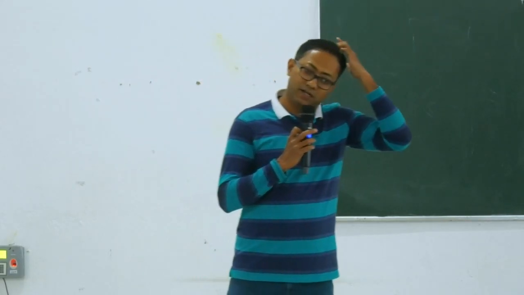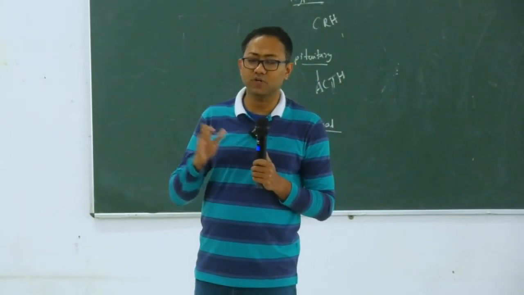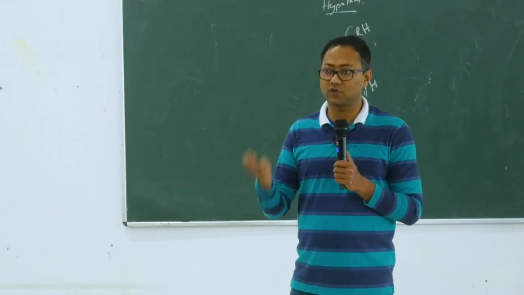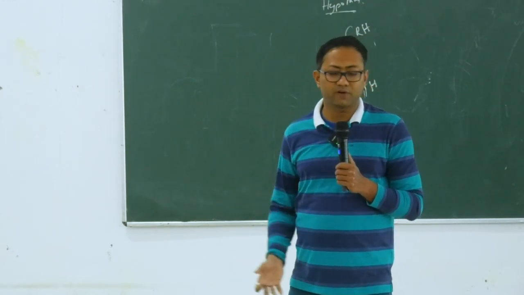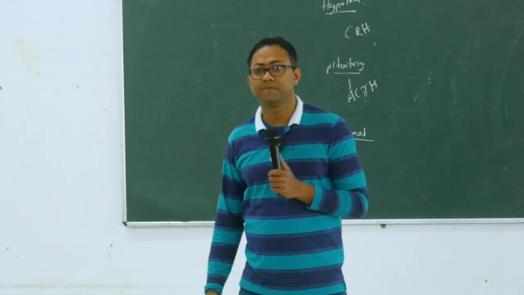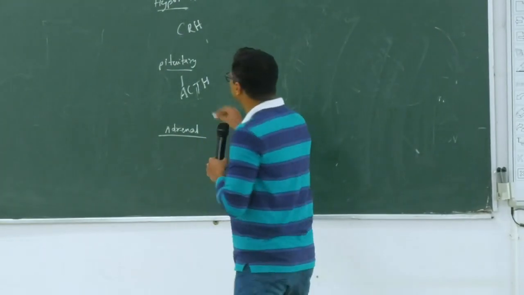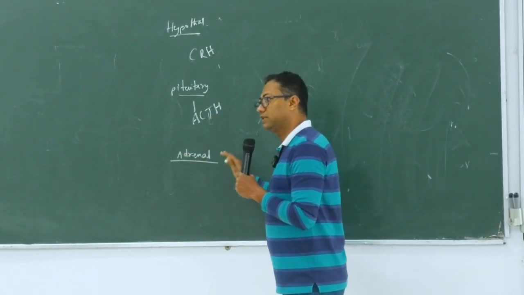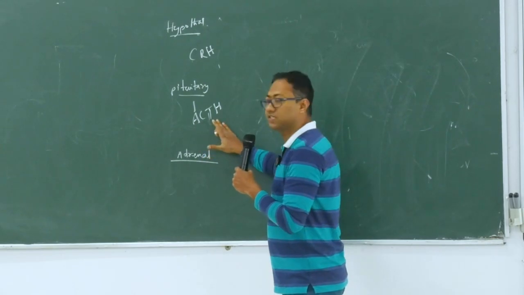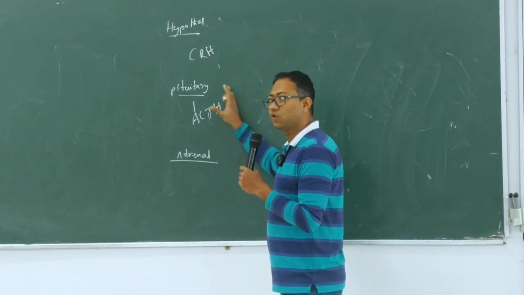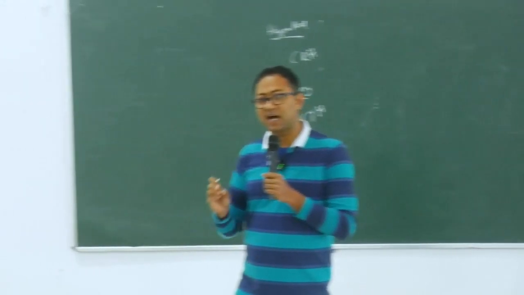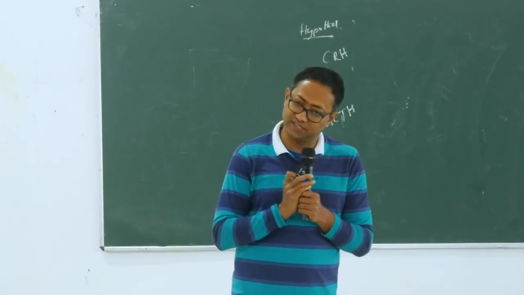You know the hormones secreted from the adrenal cortex: zona glomerulosa, fasciculata and reticularis. You know all the hormones, the cortisol, the aldosterone and the sex steroids. Now, the control system is not fully covered by ACTH, because all parts of the adrenal gland are not under direct control of ACTH.